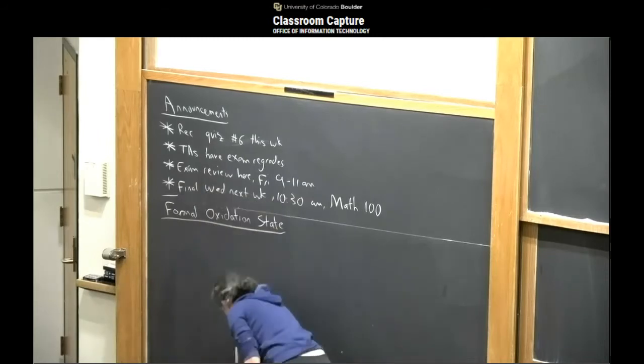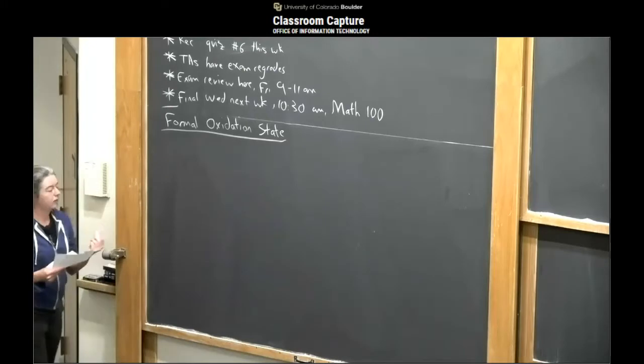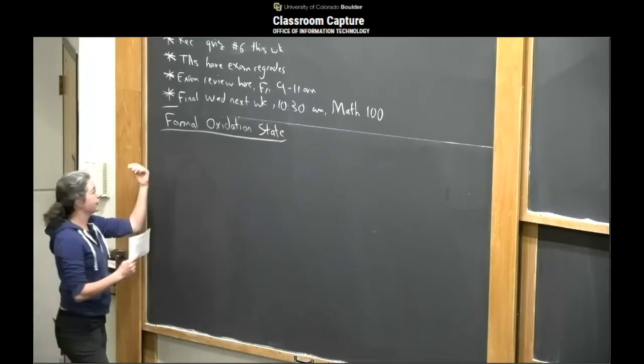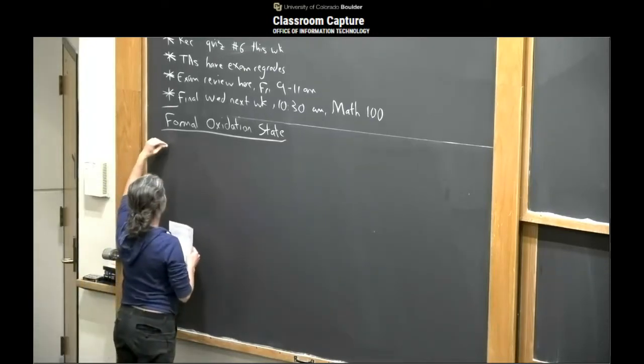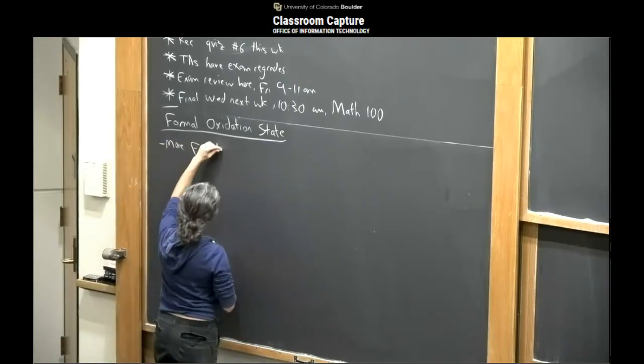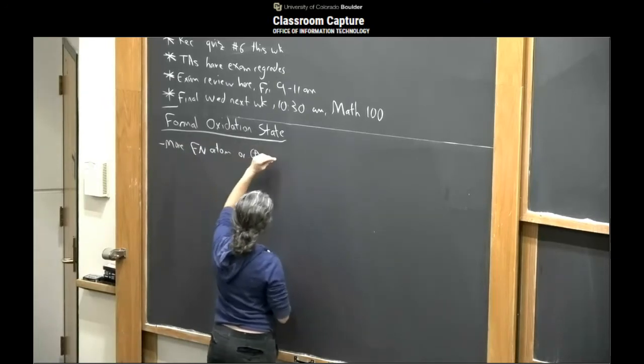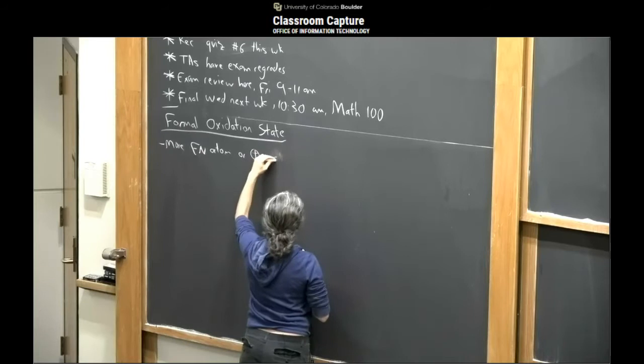Basically, for each more electronegative atom or plus charge, we're going to add 1.